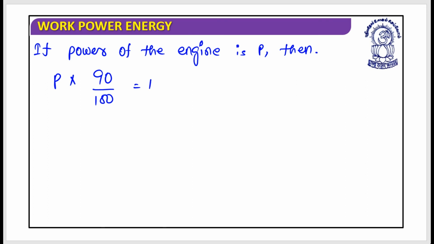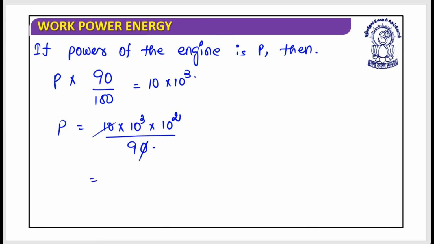That means 10 kilowatt, 10 into 10 to the power 3. So now let's calculate the power. It's 10 into 10 to the power 3 multiplied by 100, which is 10 squared, divided by 90. So 10 to the power 3 into 10 to the power 2 is 10 to the power 5 divided by 9 watt. This is the power of the engine.